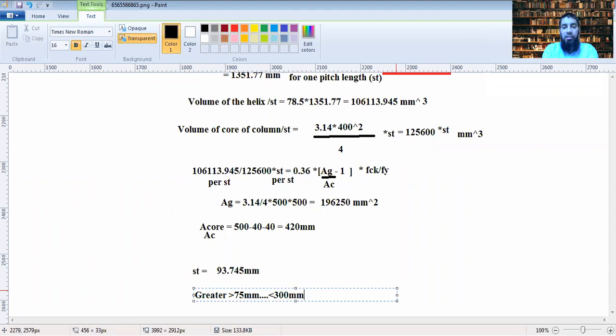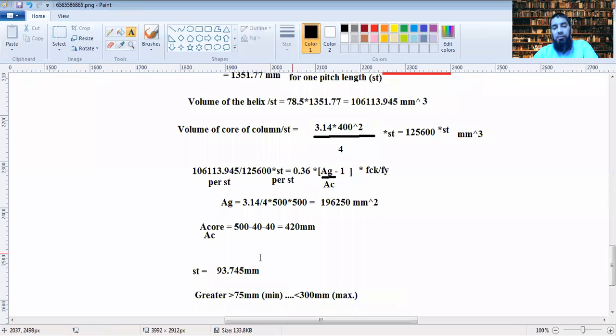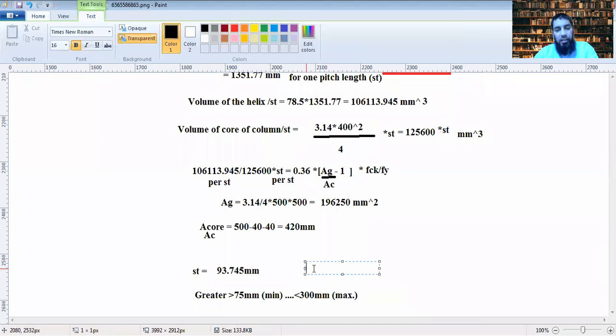It has to be less than 300. 300 is the maximum pitch, both in rectangular and circular columns, and minimum is 75, both in rectangular and circular columns. So this is okay.